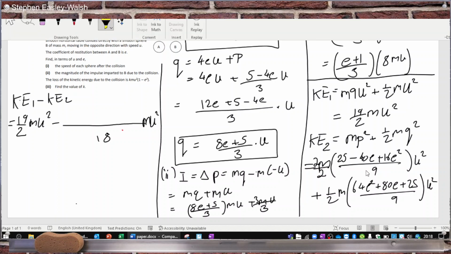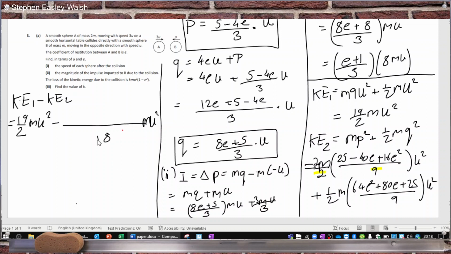The u squared and the m I've taken out, so I can just put everything on the top. It would be, actually I can do it directly. 25 plus 25 is 50, minus 80 plus 80 is 0. And then 32 plus 64 is 96e squared.